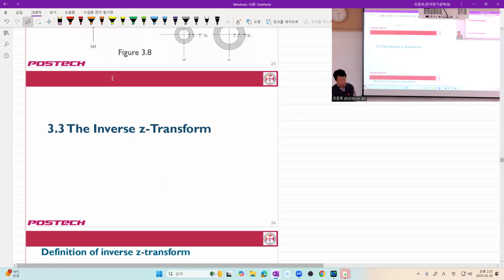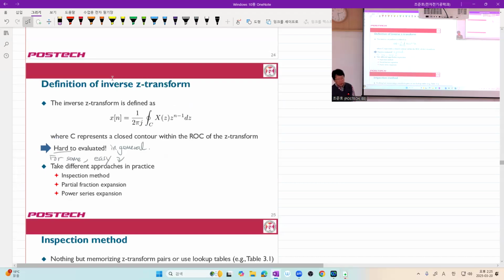Okay, so here goes the inverse Z transform. And as I already told you in the last class meeting, the original definition is in terms of the contour integration on the complex Z plane. And similarly, you have the inverse discrete time Fourier transform that is a finite interval integration of the DTFT times e to the negative j omega n, something like that.